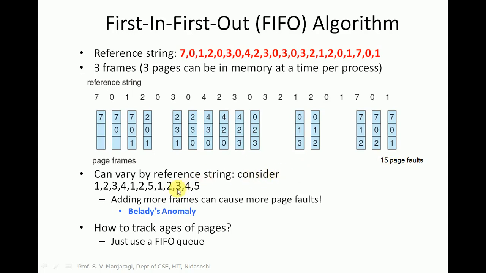And if you vary the reference string instead of this one, then by adding more frames, there is a situation causing more page faults. So in this particular algorithm, if you bring more frames, actually that causes more page faults.